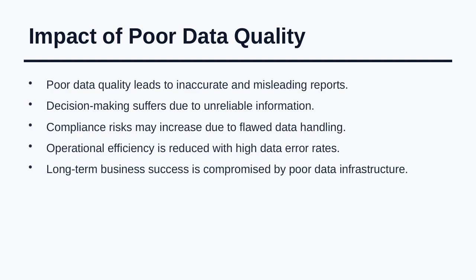This unreliability can also lead to compliance issues, as inaccurate data handling may violate regulations or standards. On the operational side, processes slow down or become less efficient because errors require extra time and resources to identify and correct. Over time, if the data infrastructure continues to suffer from quality problems, it can undermine the overall success and growth of the company.